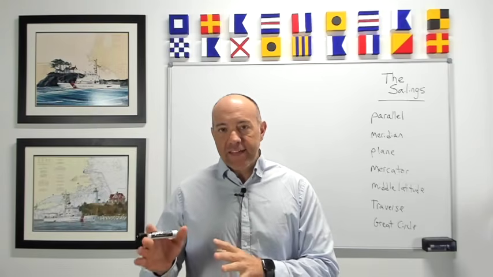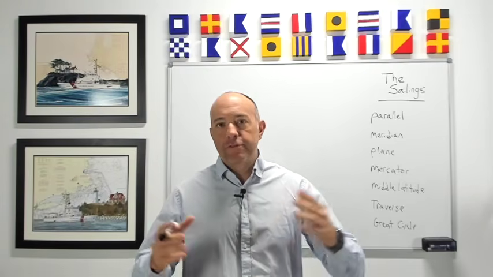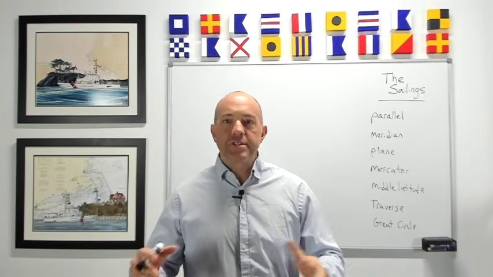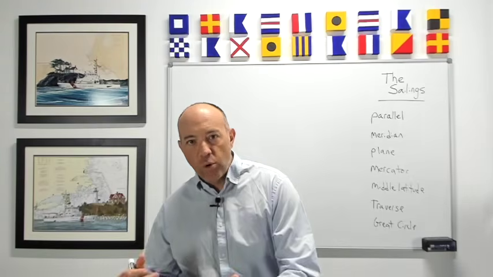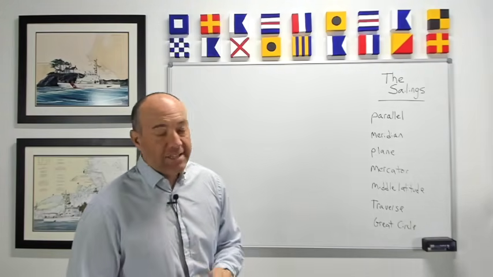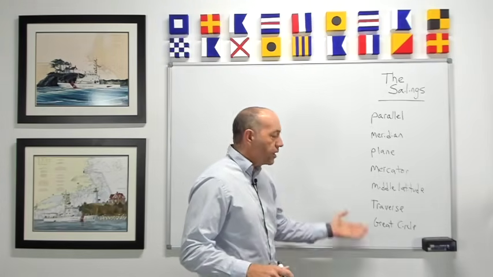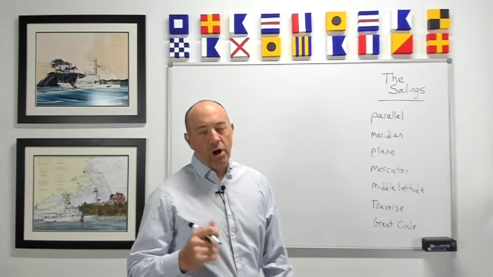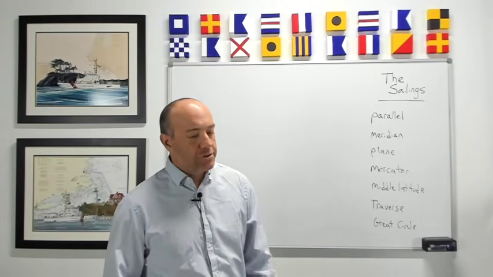So the sailings is another way to say covering large portions of the Earth's surface using dead reckoning, courses, and so on. There are a few different types of sailings, specifically a few different types of problems that you can run into on Coast Guard exams, or if you were to ever do this in real life.